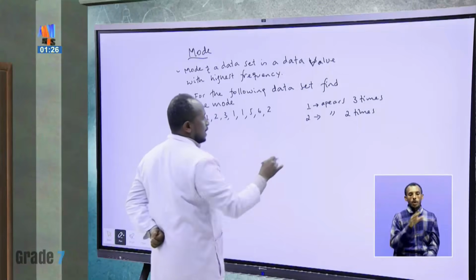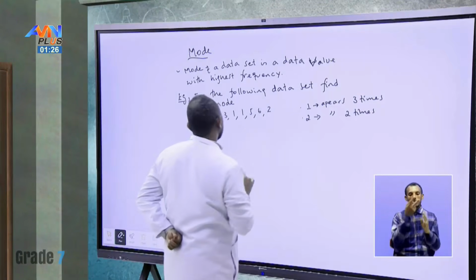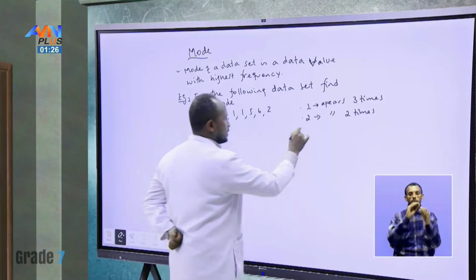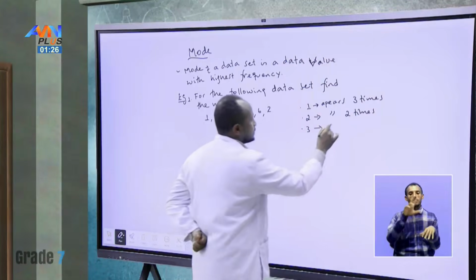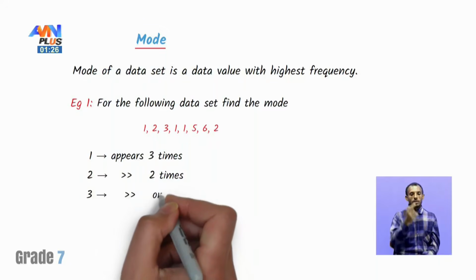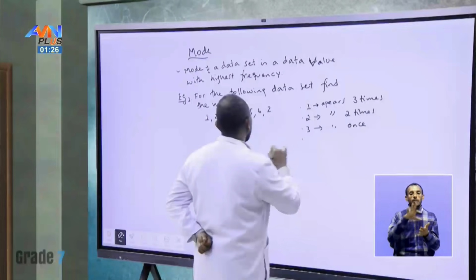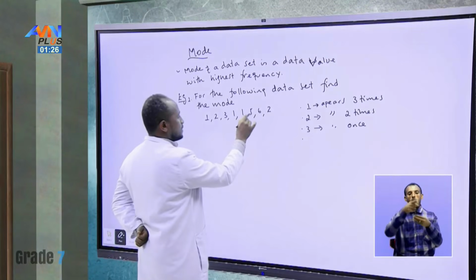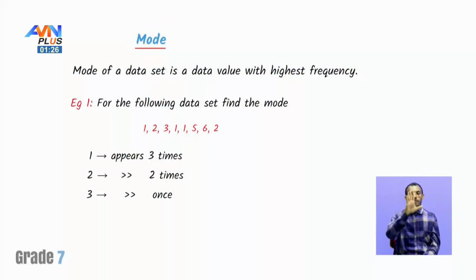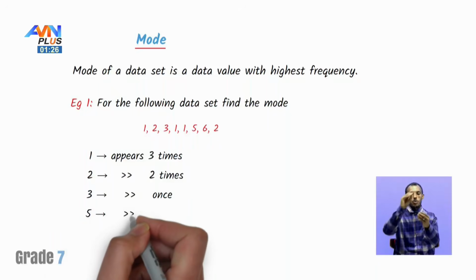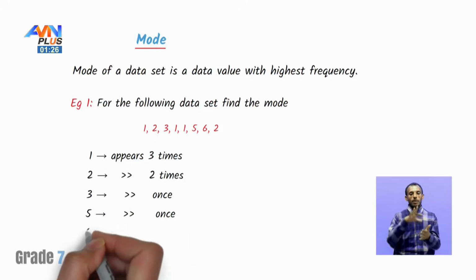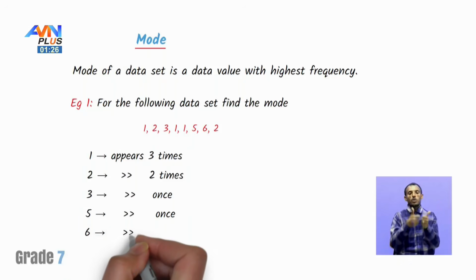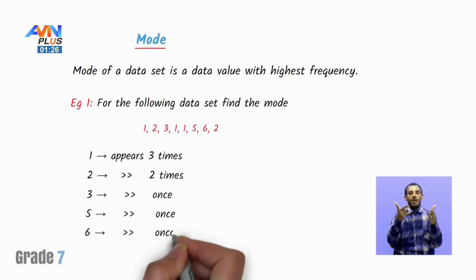Okay, now let's see 3. 3 appears only once. How about the other numbers, 5 and 6? 5 and 6 also appear once. Therefore, which of this data set has the greater frequency?